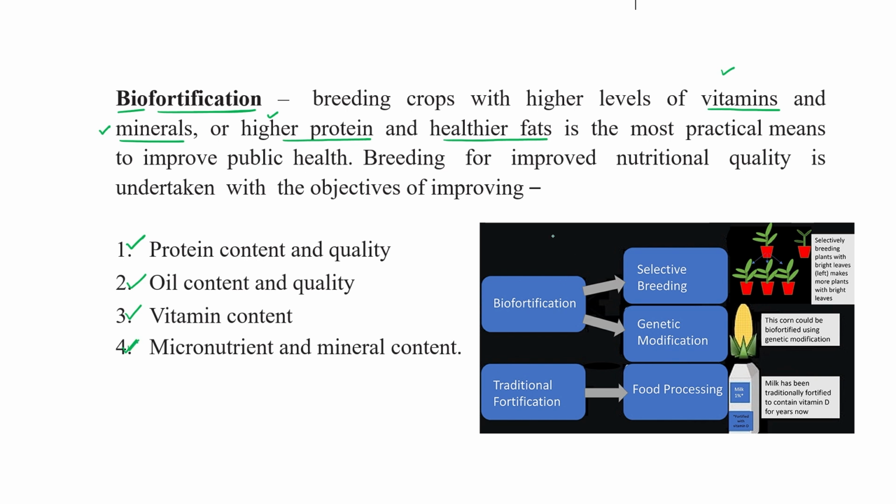As you can see in this particular picture, there are two types of fortification. First one is traditional fortification, and another one, the modern one, is biofortification. In traditional fortification, food processing comes.